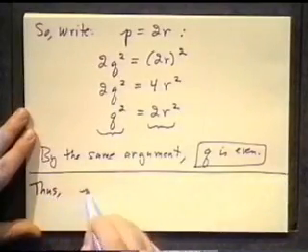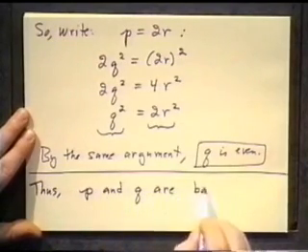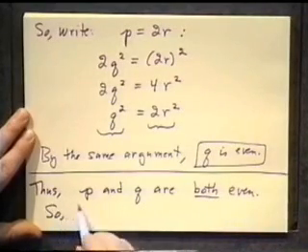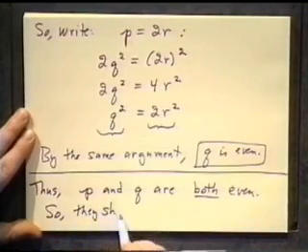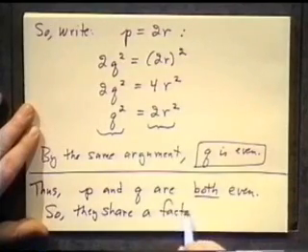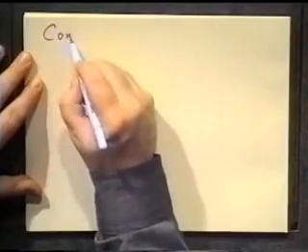Thus, p and q are both even numbers. So they may share something else, but they certainly share a factor of 2. But wait, that's a contradiction.